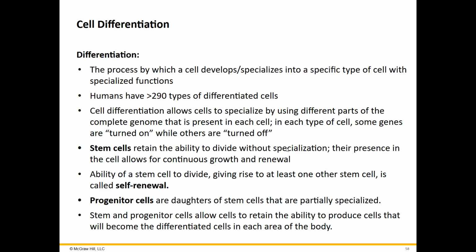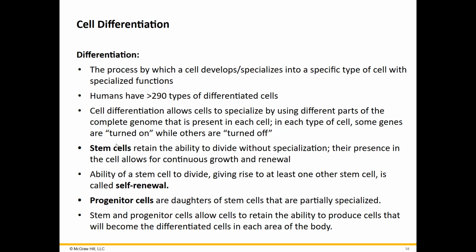So bones heal because bone cells create new bone cells. They're specialized. But if you need more help for a bone to heal, you can throw stem cells at it, which are not specialized. They can rapidly reproduce, filling the space, and then they can choose to specialize later into bone cells.